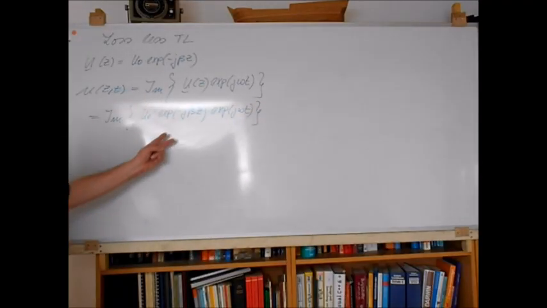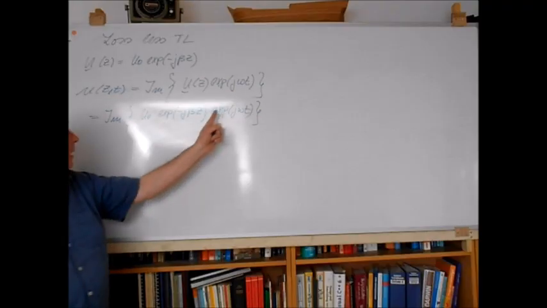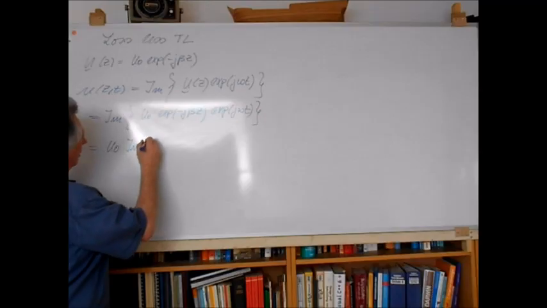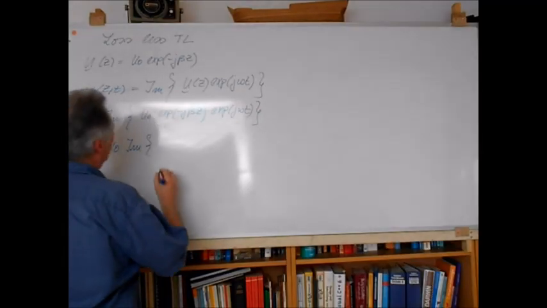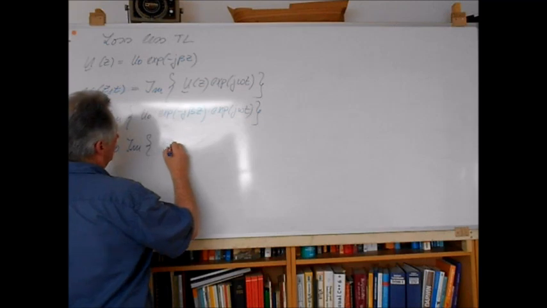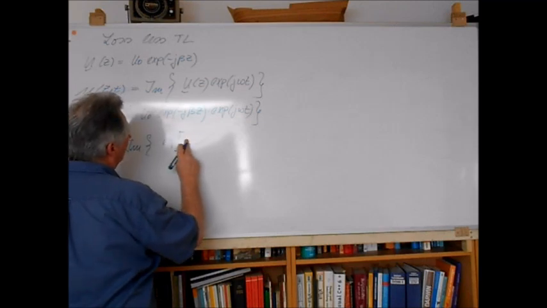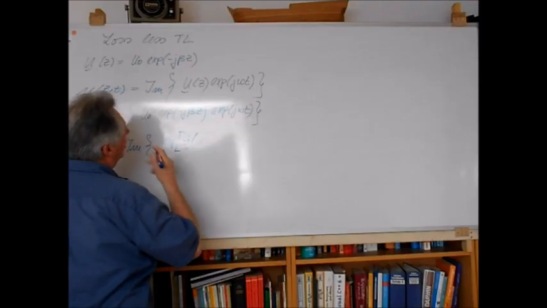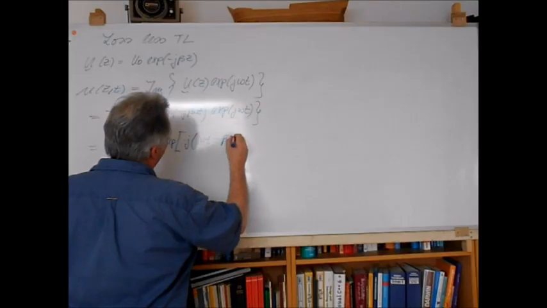And of course these two exponential functions, the arguments will add, so this is equal to u naught times the imaginary part of the exponential function of j times omega t minus beta times z.